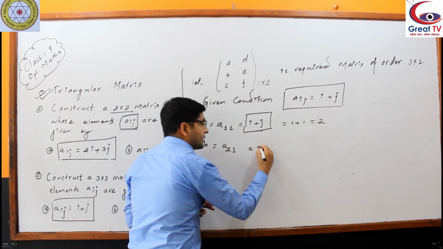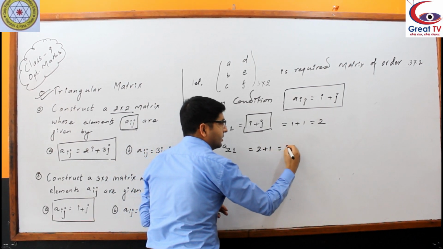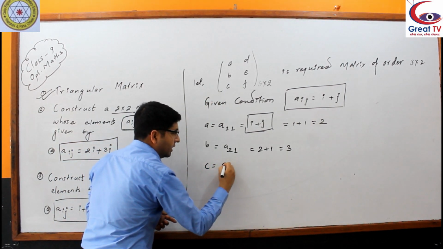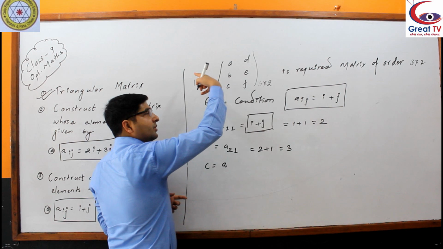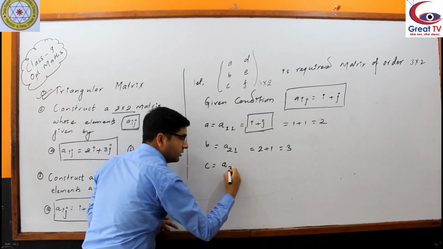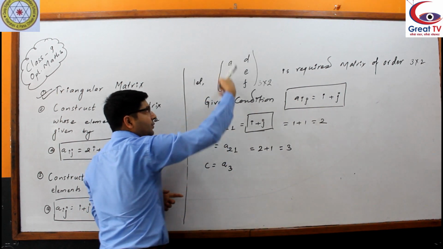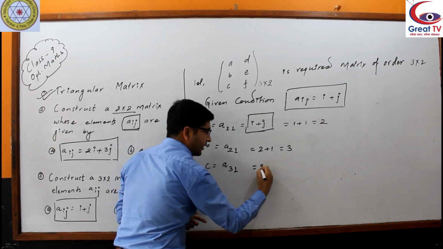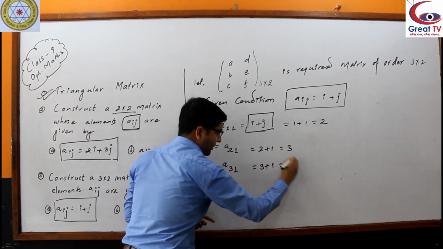So 2 plus 1 equals 3. Next, C lies on the third row, first column. a31 equals 3 plus 1 is equal to 4.